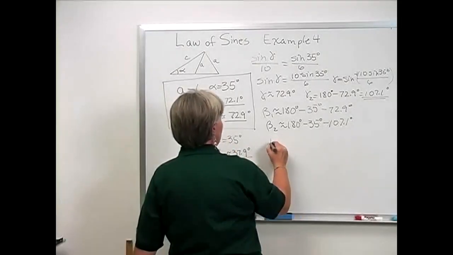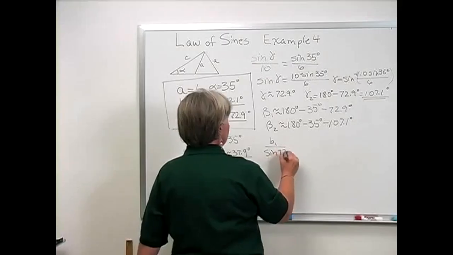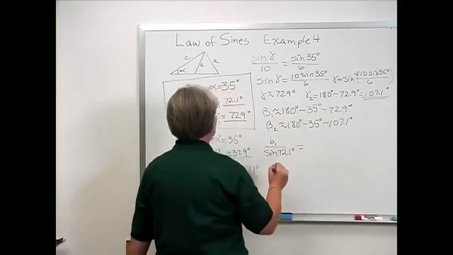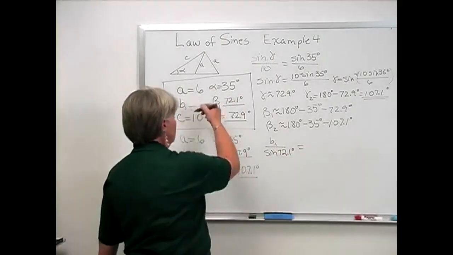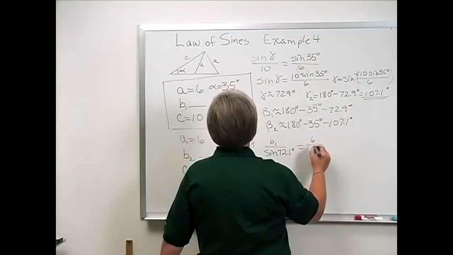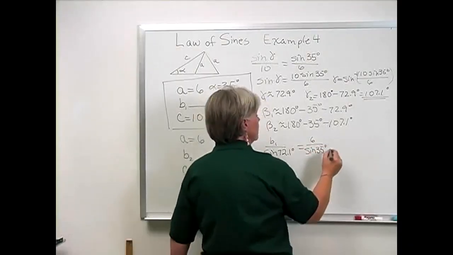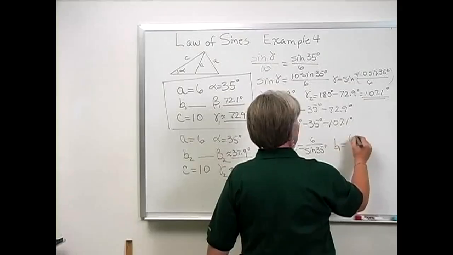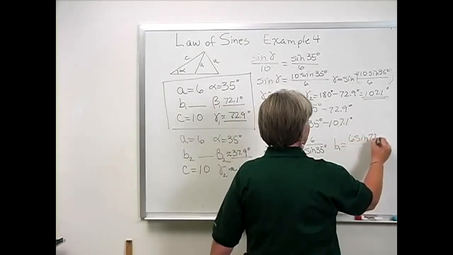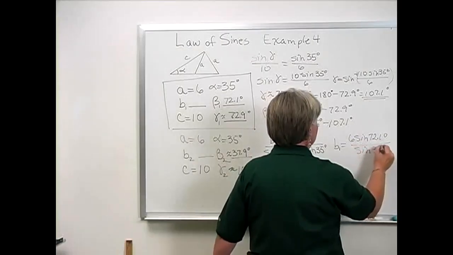So that'll help you when you're doing your calculations, make sure you don't put something in wrong. So let's find beta 1. Beta 1 is to the sine of 72.1 degrees. Now remember, once again, use what you're given, not what you find. So as 6 is to the sine of 35 degrees, so B1 is 6 times the sine of 72.1 degrees divided by the sine of 35 degrees.